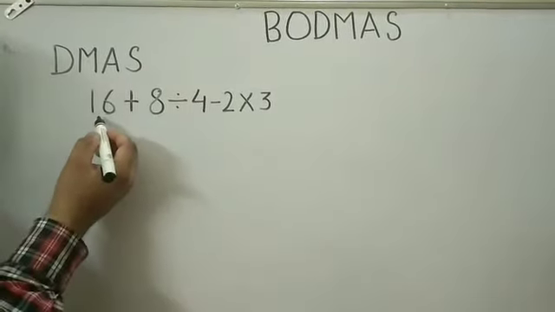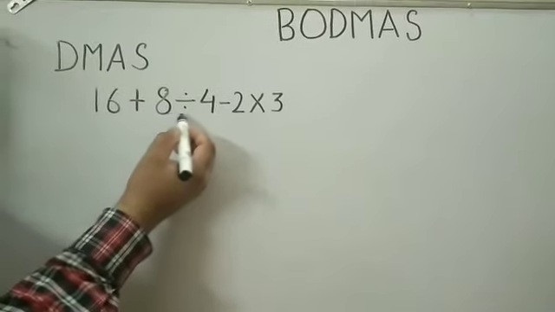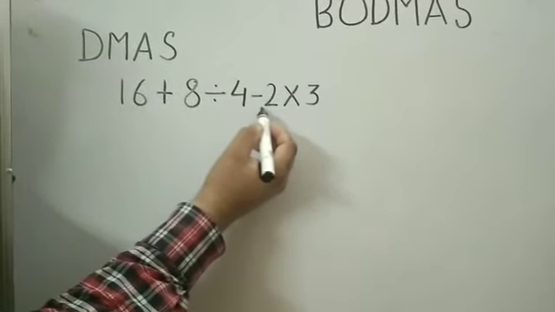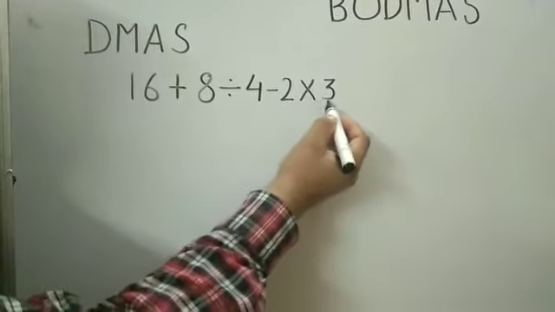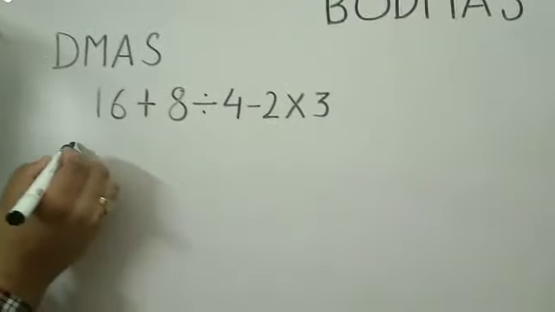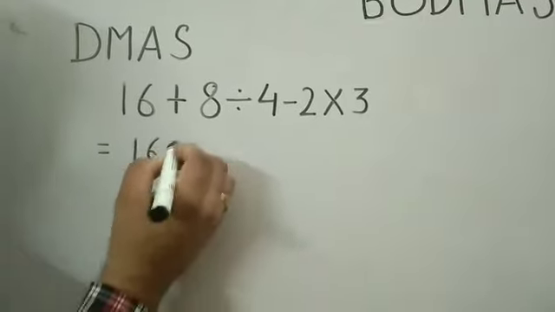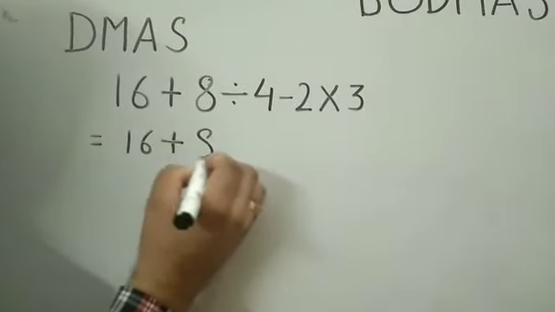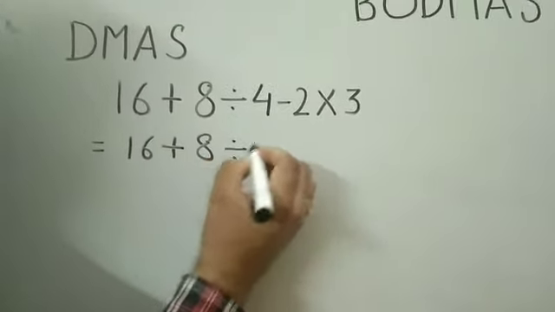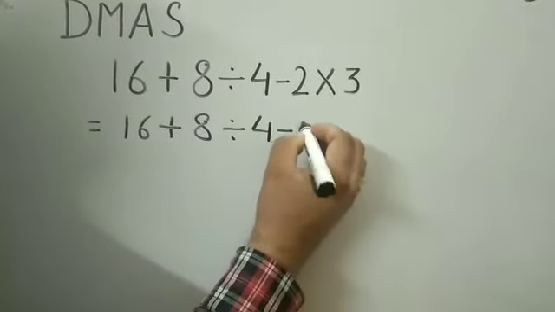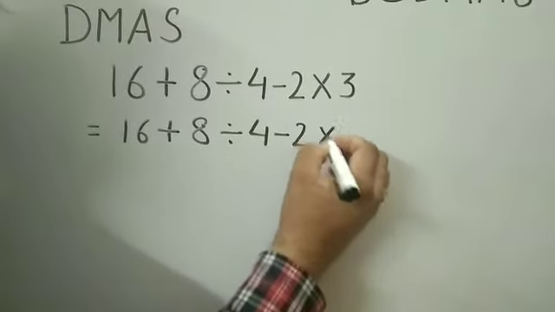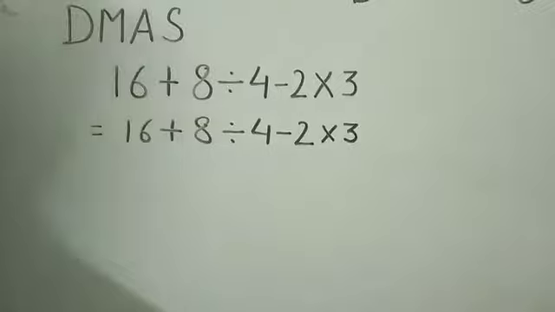Statement is 16 plus 8 divided by 4 minus 2 multiplied by 3. Write the statement again. 16 plus 8 divided by 4 minus 2 multiplied by 3.